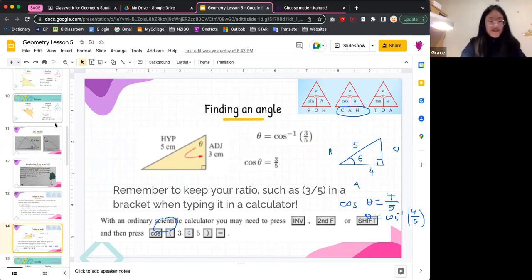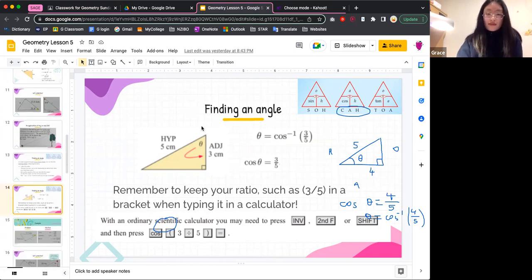Sorry, not very good at summarizing. But here, given two sides of the triangle, we can find an angle. I believe this session is recorded, so if you want to go back and watch the first half of the lesson, you're very welcome to. But for now, we'll keep going with angles.